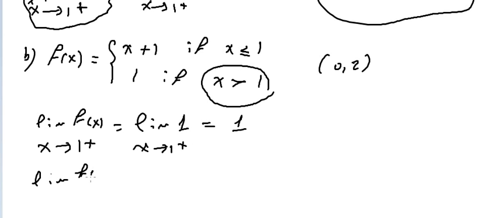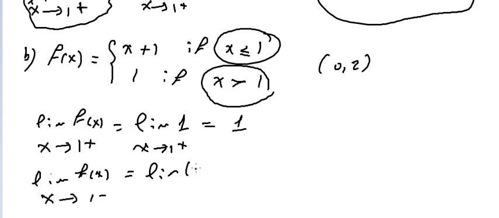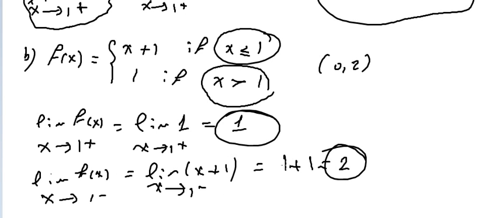The limit of f of x as x approaches 1 minus, when x is less than 1, is the limit of x plus 1 as x approaches 1 minus, so the answer is going to be 1 plus 1, which is equal to 2. Then f is discontinuous at this point, so it's discontinuous on the open interval 0, 2.